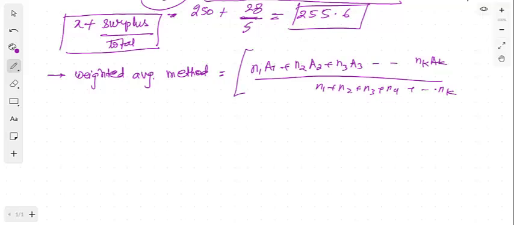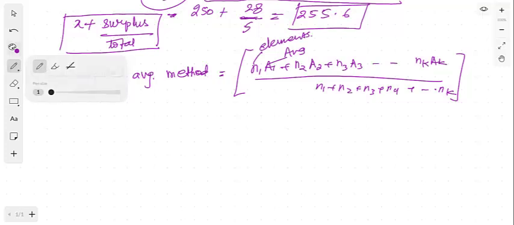This is the traditional method which we used to follow to solve questions. In this weighted average method, A1, A2 are the averages, and N1, N2 are the numbers of elements. Now let us take another example.